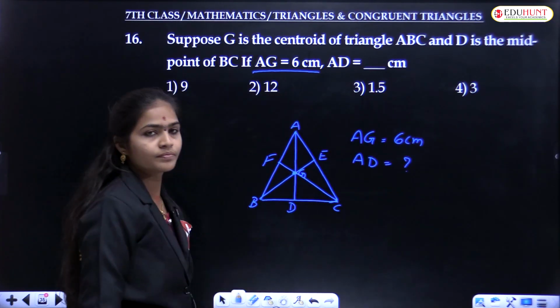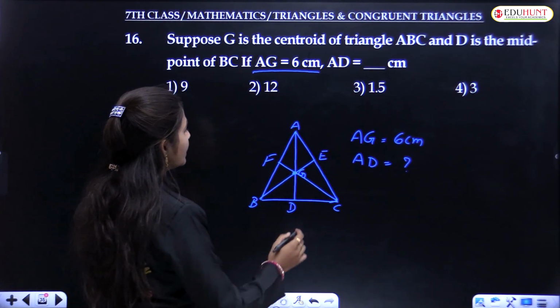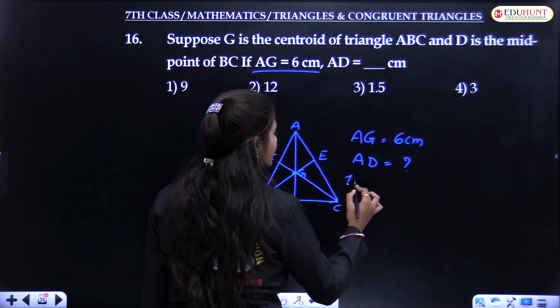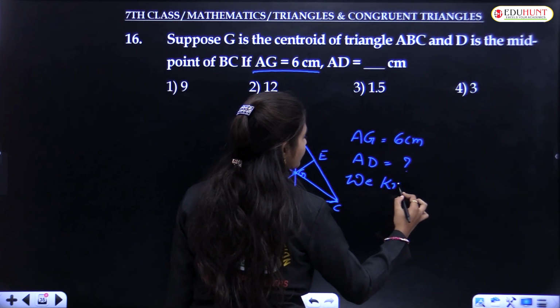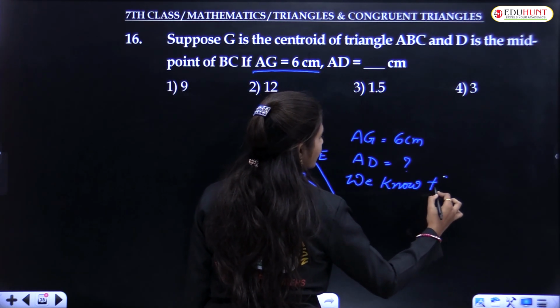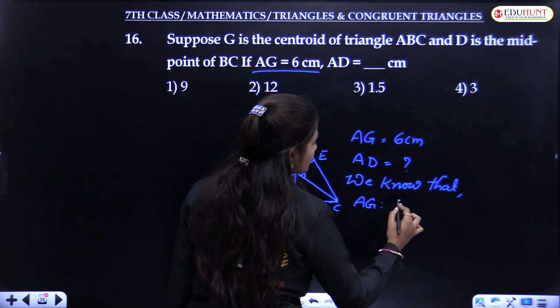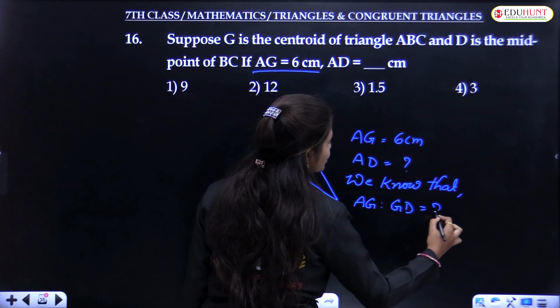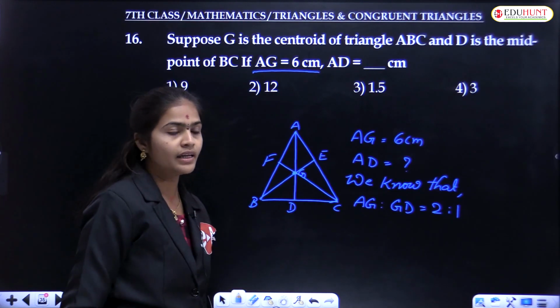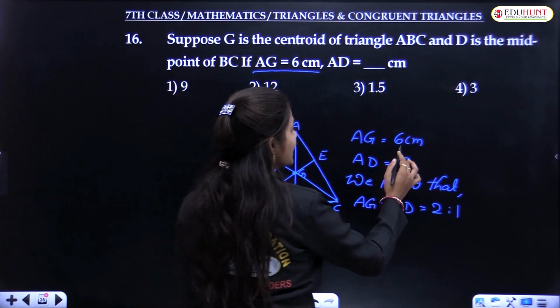Children, we know the condition that AG is to GD is the 2:1 ratio. Now they have given 6 centimeters.